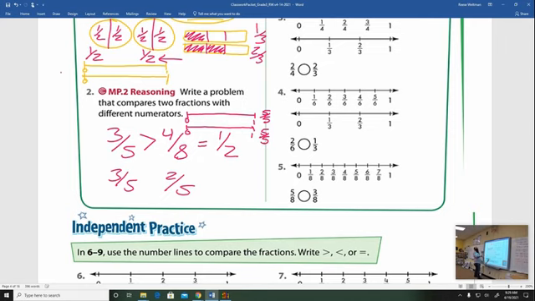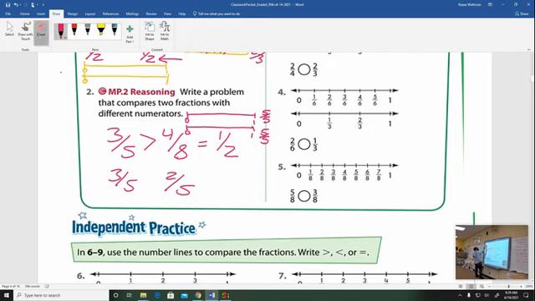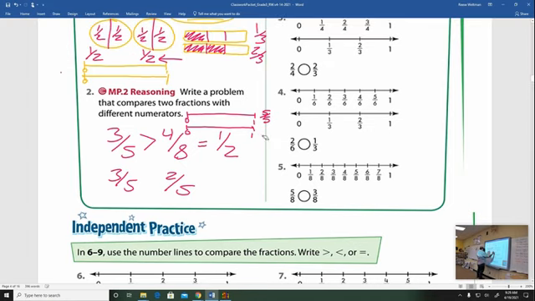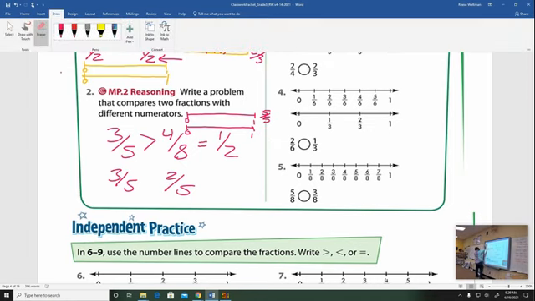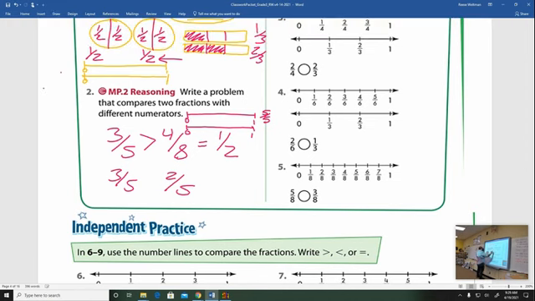So on the bottom one, it's actually not going to be 5/5. We didn't use the same denominator for the second one. So the second one is actually going to be 2/2, right? Because in this case, we're dividing this one in half, 2 parts, and this one into fifths.